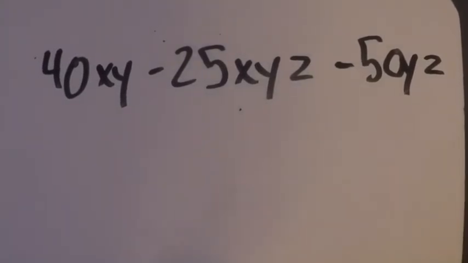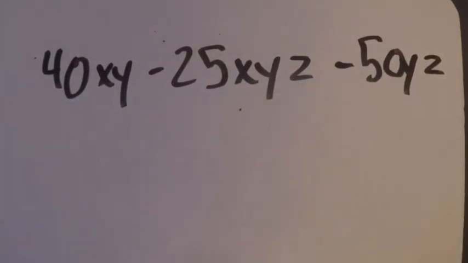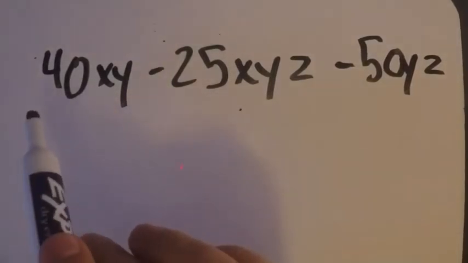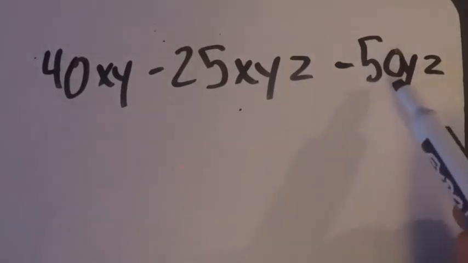In order to find the greatest common factor, we start by looking at what number is the greatest number that goes into each of these coefficients. So what is the largest number that goes into 40, 25, and 50?